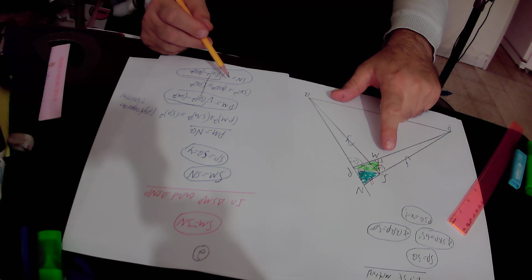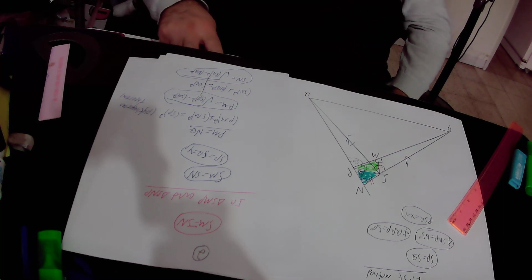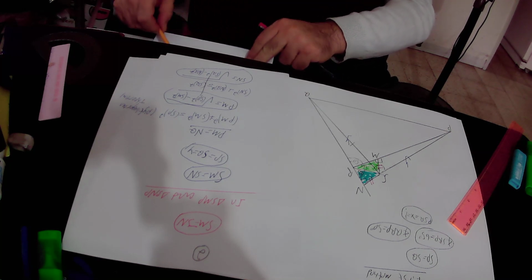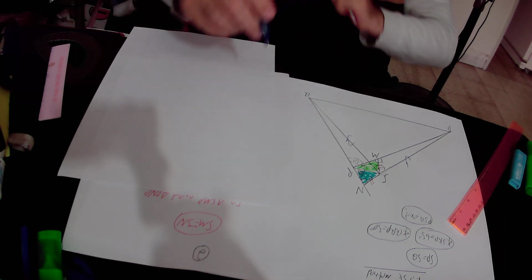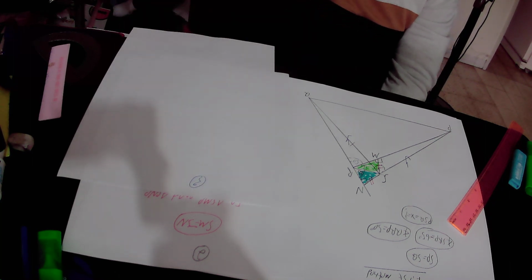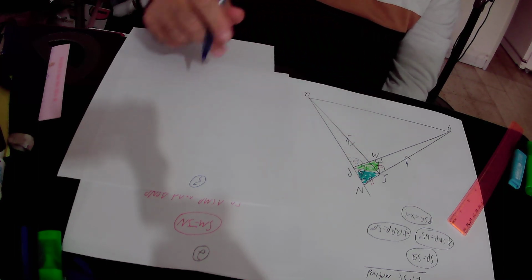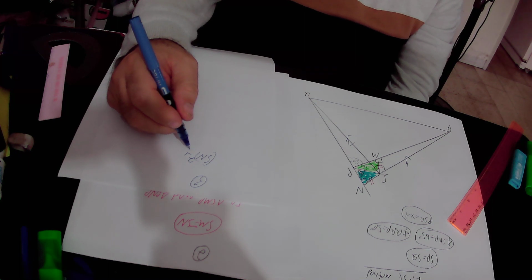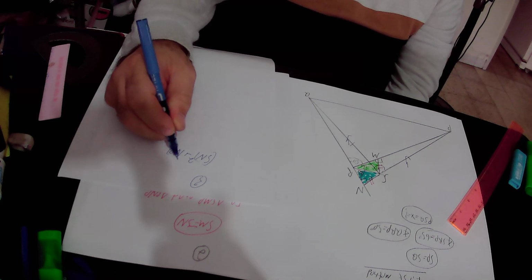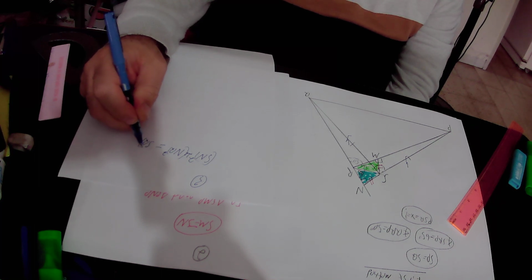Again, if we focus on the right triangle SNQ, we know that SN square plus NQ square equals SQ square according to the Pythagorean theorem.